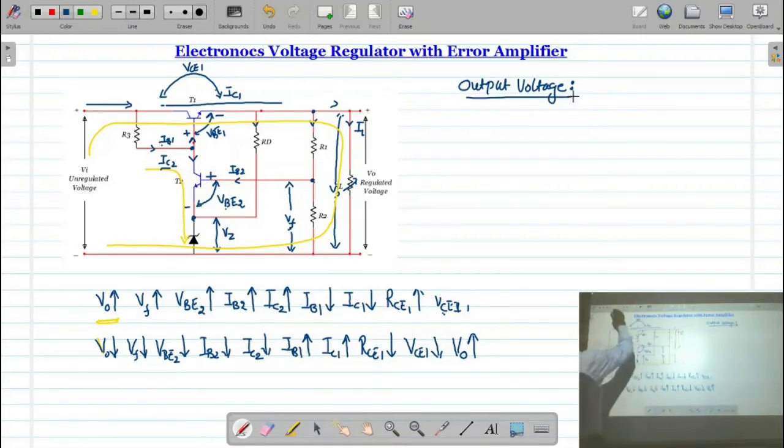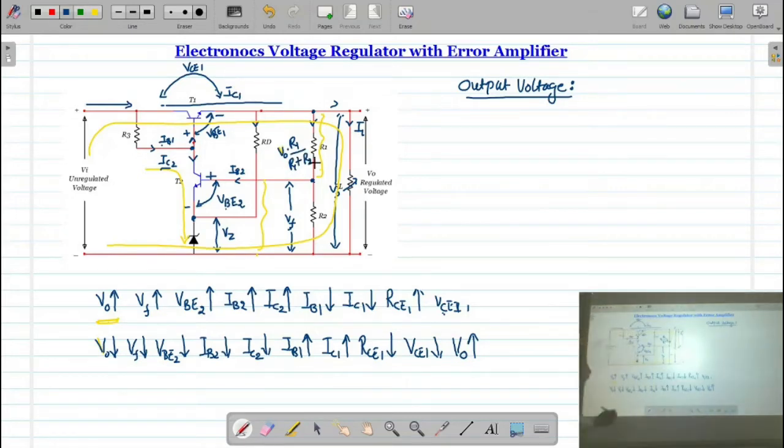Again, try to understand that the output voltage is equal to the voltage across R1 plus the voltage between the base and the ground. And this voltage across the R1 is nothing but, you can say, here the potential divider circuit is there. So this voltage you can write as VO into R1 divided by R1 plus R2.